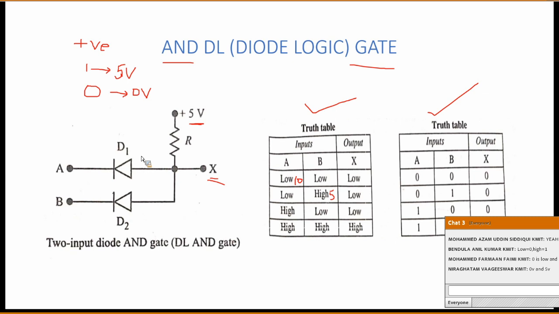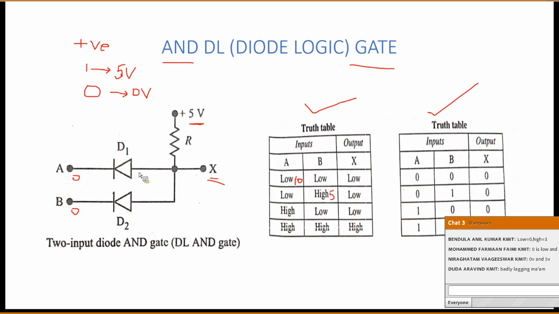Here there are D1 and D2 and a supply voltage, which is given to the anodes of the two diodes, and the inputs are given to the cathodes. So the inputs are given to the diodes D1 and D2, connected to the cathode terminals of the diodes. Now suppose you take 0 and 0. What happens?